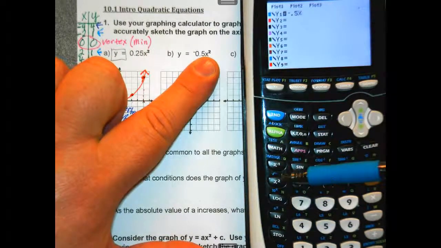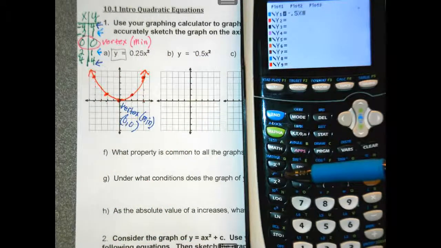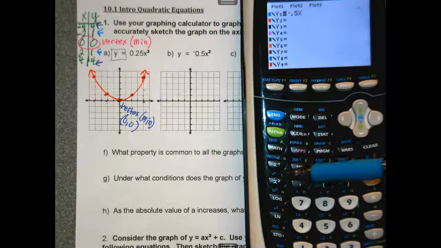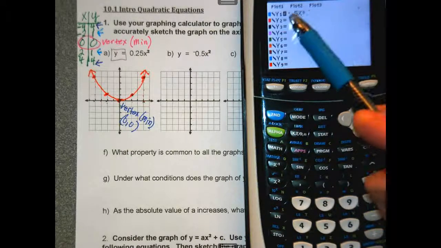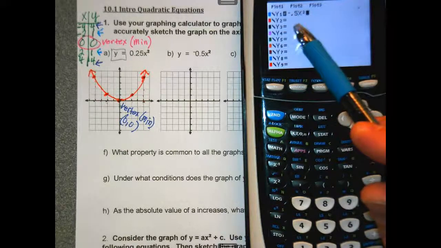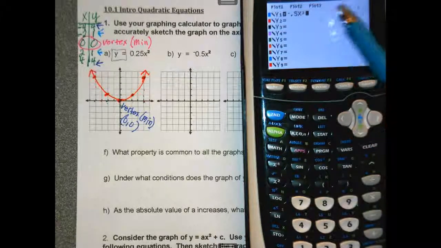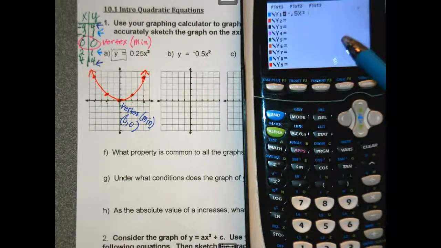I'm going to square it with the squared key right here. Okay, I'm going to double check. Negative 0.5x squared. Are we good? Negative 0.5x squared. Then you're going to graph it.